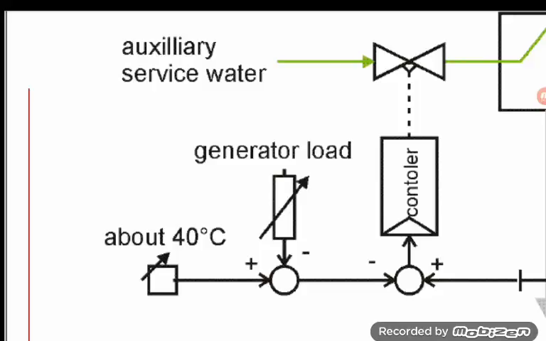Set point of 35. Then you have a measurement of 40, and you have a deviation of 5 degrees. And then the controller opens the control valve, despite the temperature hasn't changed. It's just to make the control loop a little faster.